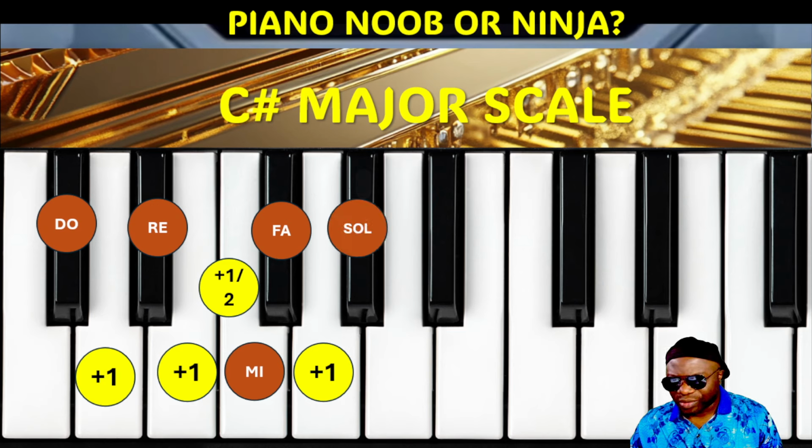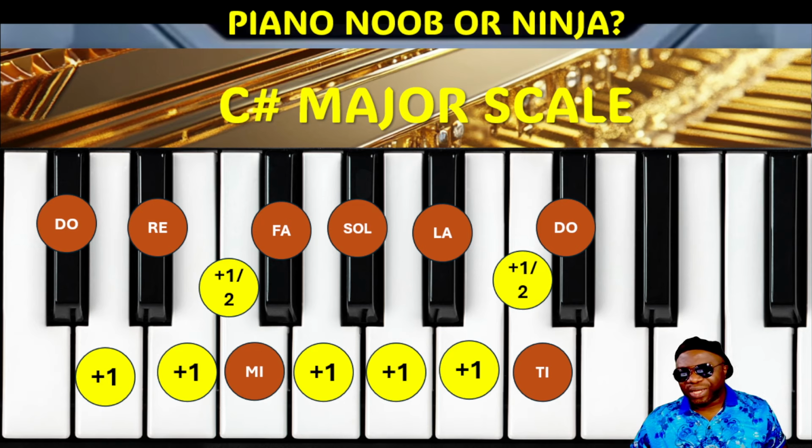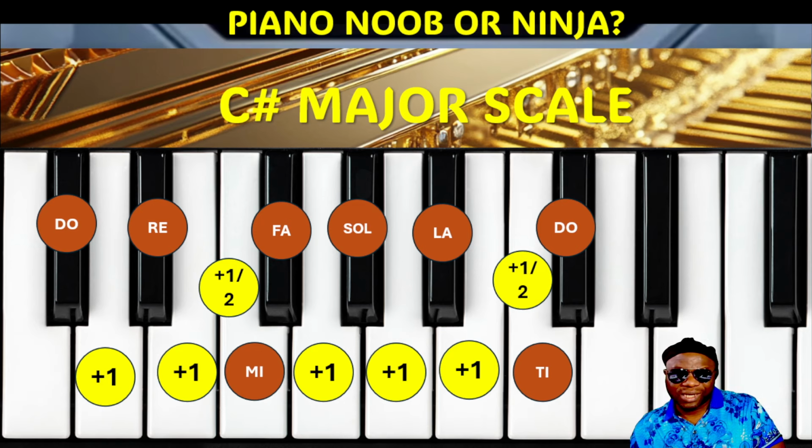And then we're going to add another one, and that's going to give us this. And then we're going to add another one, and that's going to give us this. And finally, we're going to add half. And what are we going to get? We are going to get this. Boom. And that would be the C sharp major scale.